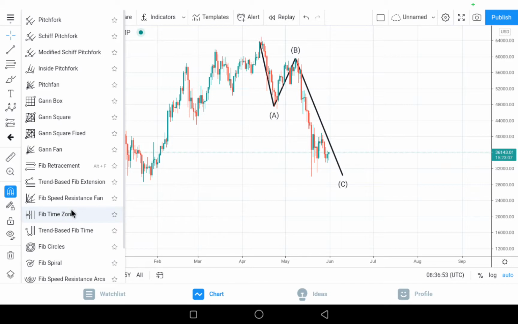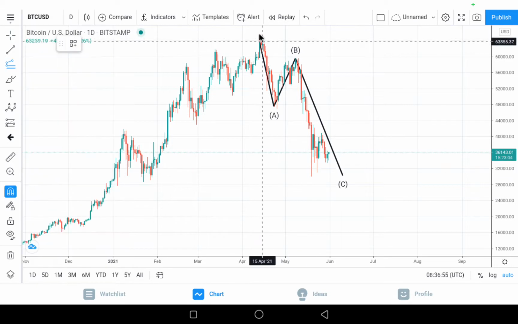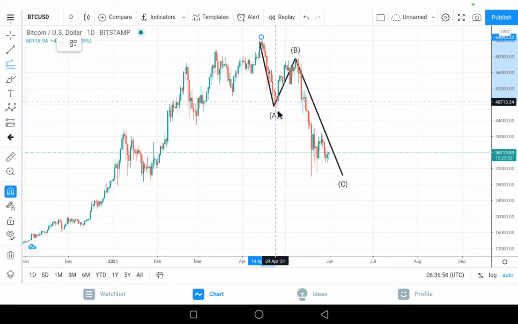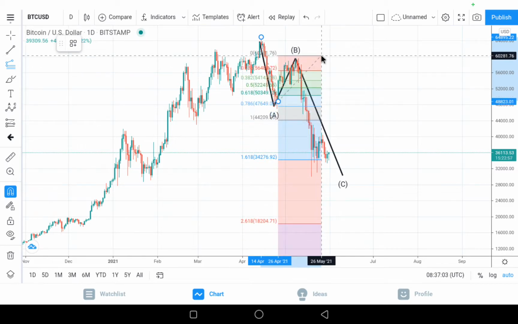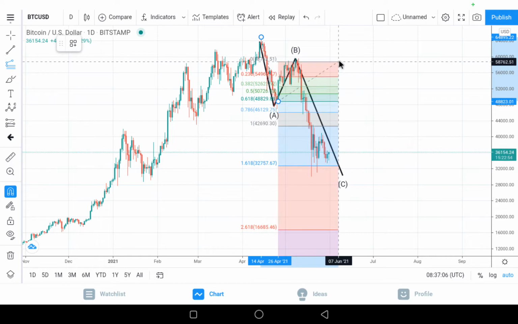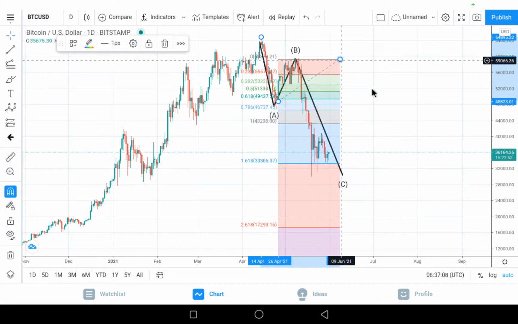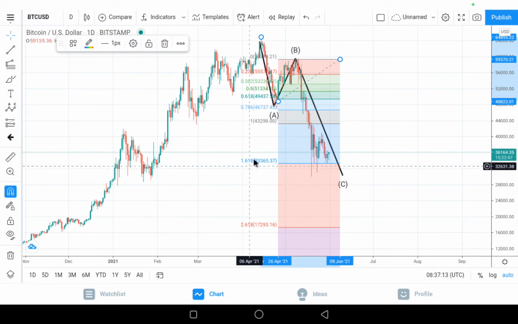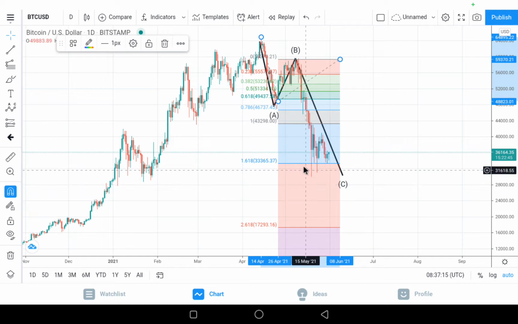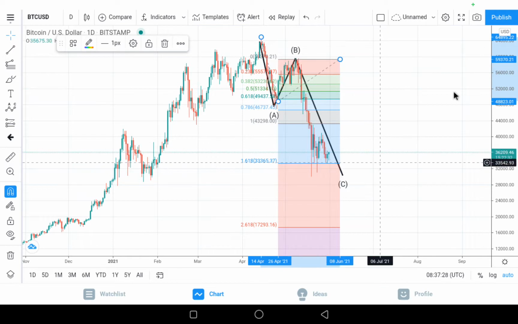So we draw the Fibonacci retracement to know the move from where C is currently. All right, so C ends on the 1.618. That is where we are finding our support, or you can find support and rejection on the 1.618. So the first possible scenario is that we find support here, we range, and then we move ahead.